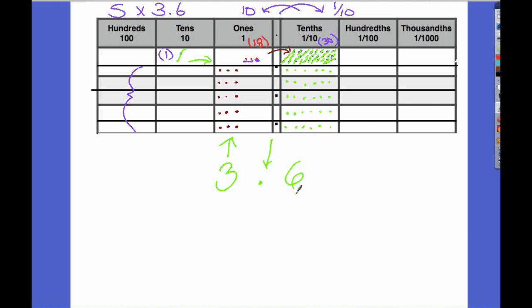Is 5 times 3 6/10 equal to 18? Is 18 divided by 5 equal to 3 6/10? Did we just divide out? Yes, we did. Okay, look at your book.